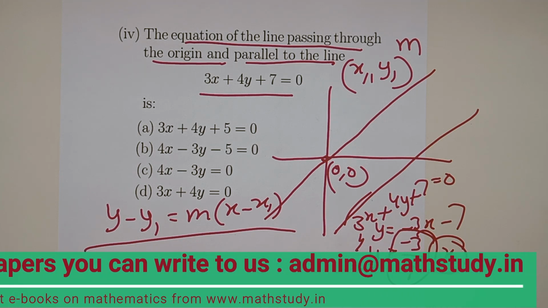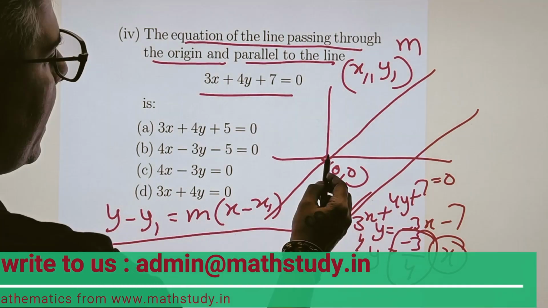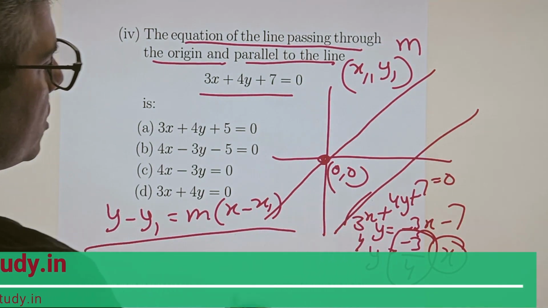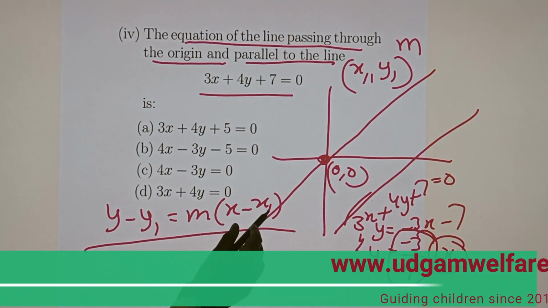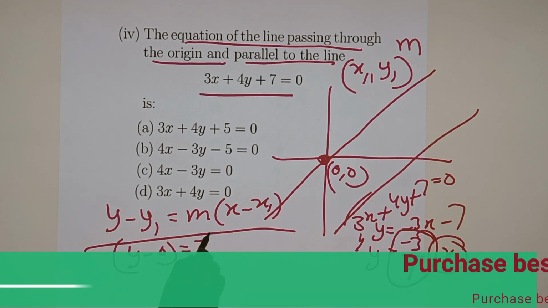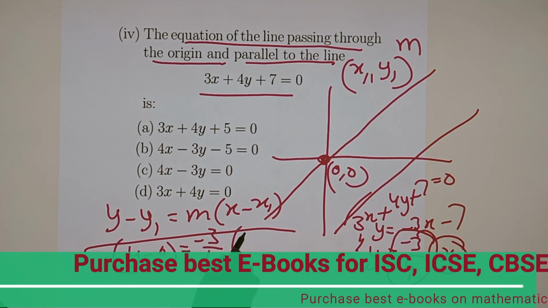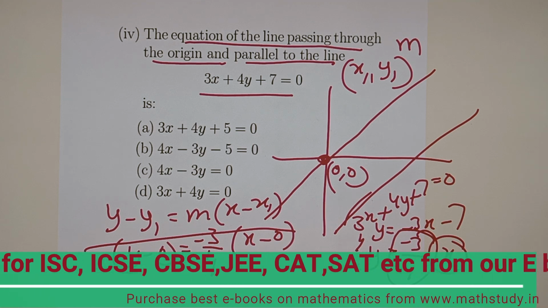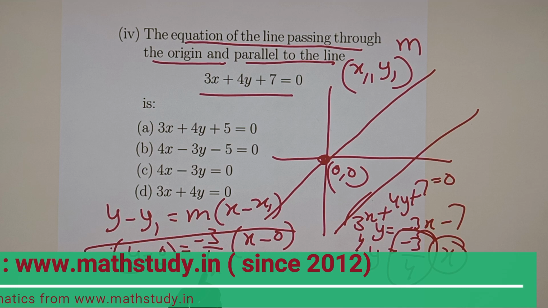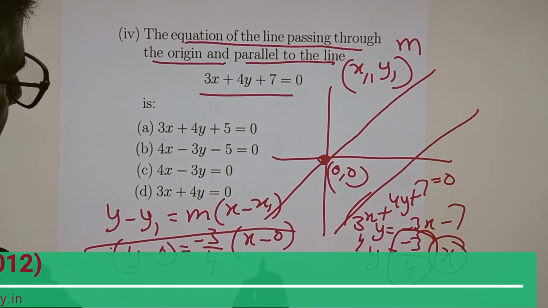Now we got the slope, and we also have another point through which this line is passing, which is 0, 0. So here y1 is 0 and x1 is 0. So we can simply write y minus 0 equals slope minus 3 by 4 into x minus 0 here. So simply we can cross multiply this. We can take this 4 towards the LHS.